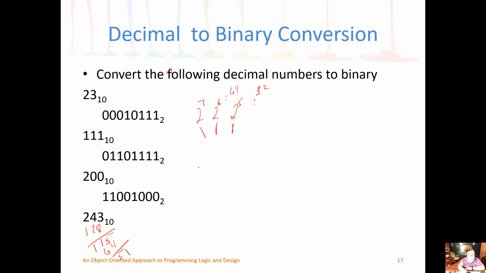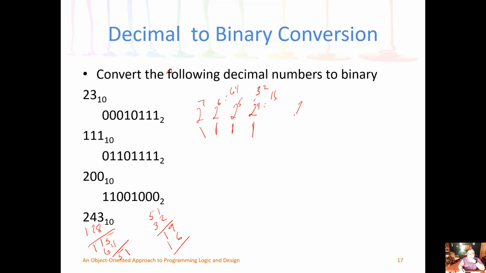And that's good, so that's a 1. So 51 minus 32 is 19. Then we have 2 to the 4th, which is 16. 16 is good. I can do it. Left over 3.